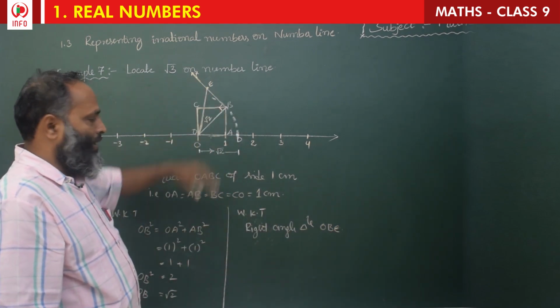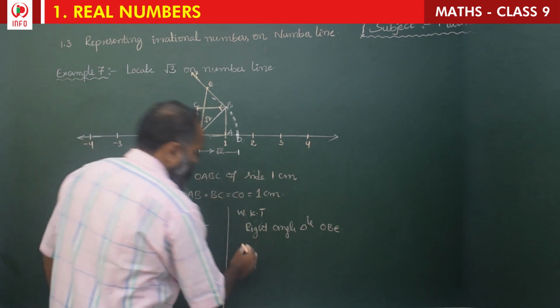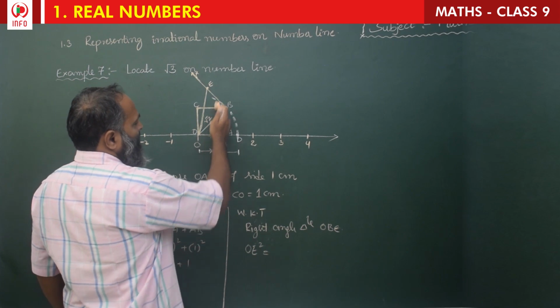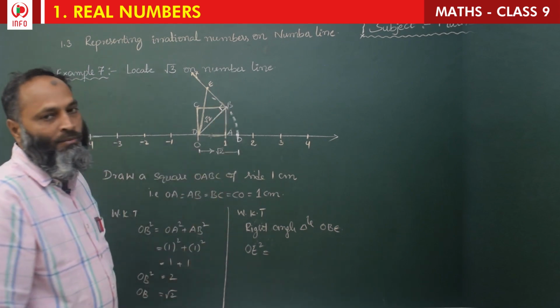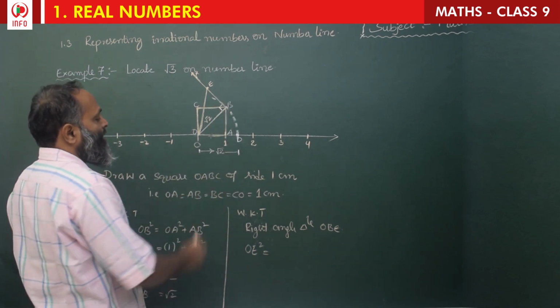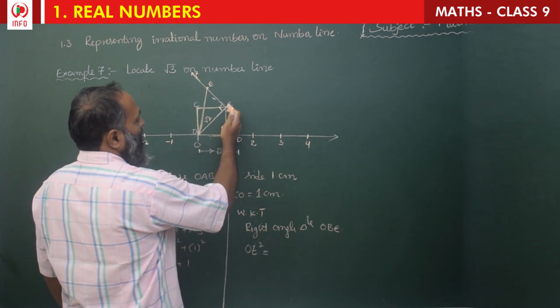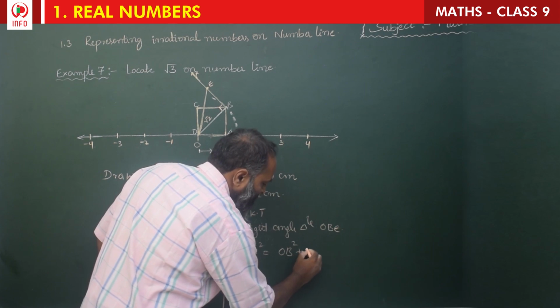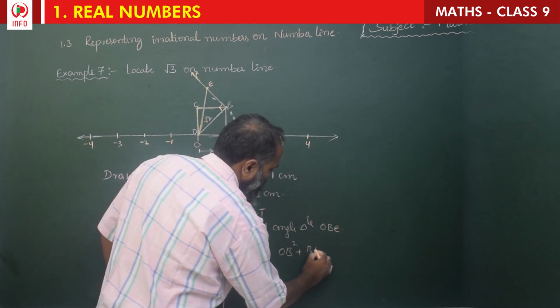These two are the perpendicular sides. So OE square is equal to the sum of the squares of the two perpendicular sides, that is OB square plus BE square.